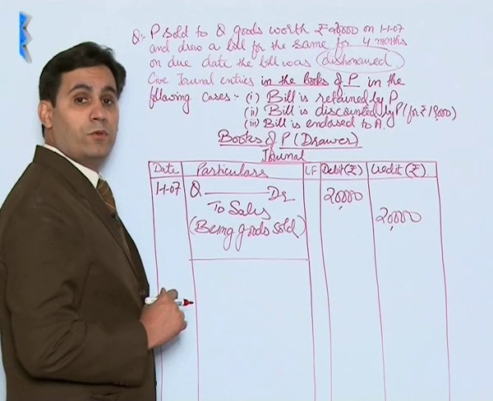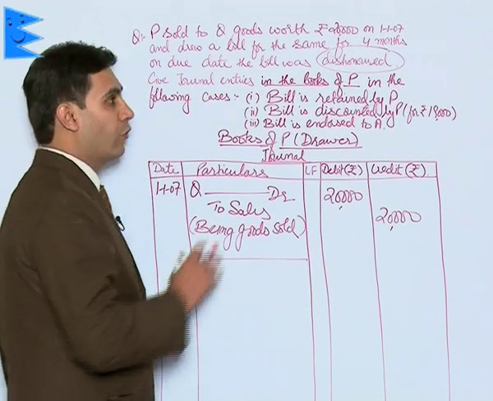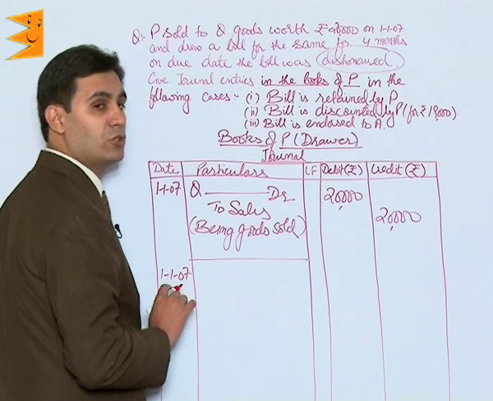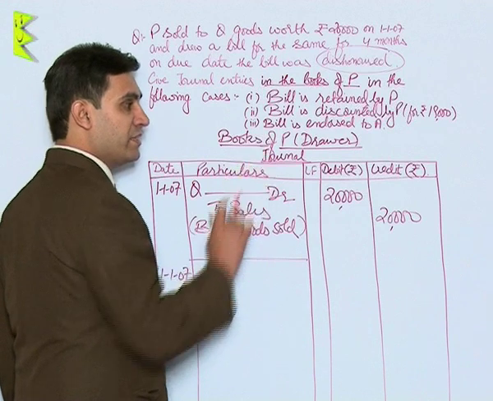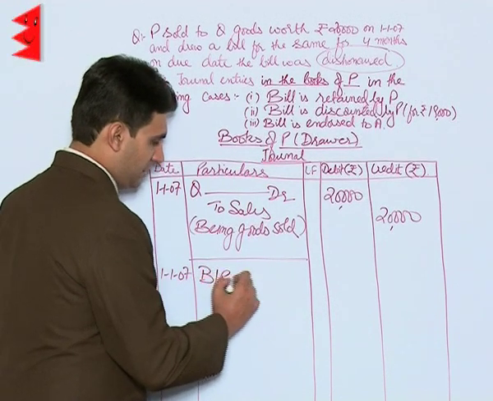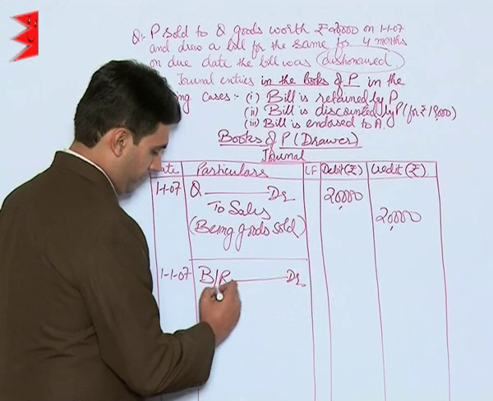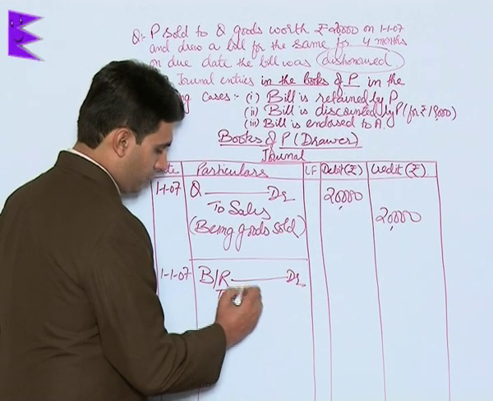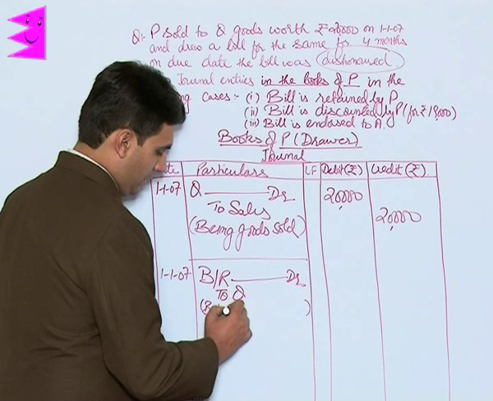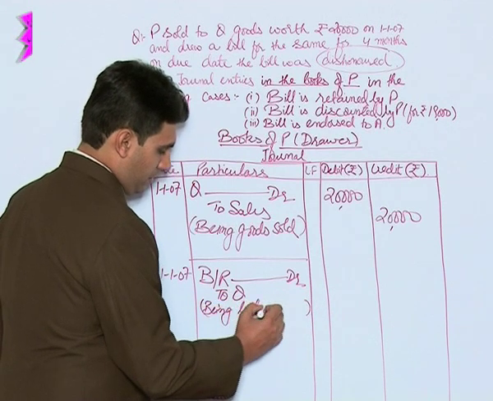Then the second entry would be that the bill was drawn for 4 months. So the same date, that is 1st January 2007, a bill was drawn. Since P is the drawer, so it is a bills receivable for him. Entry would be bills receivable debited to Q, being bill received.